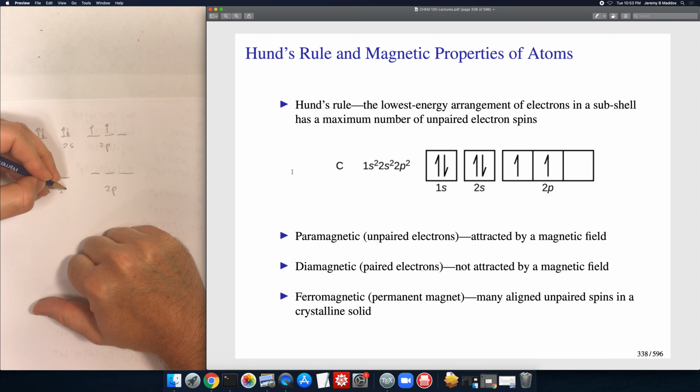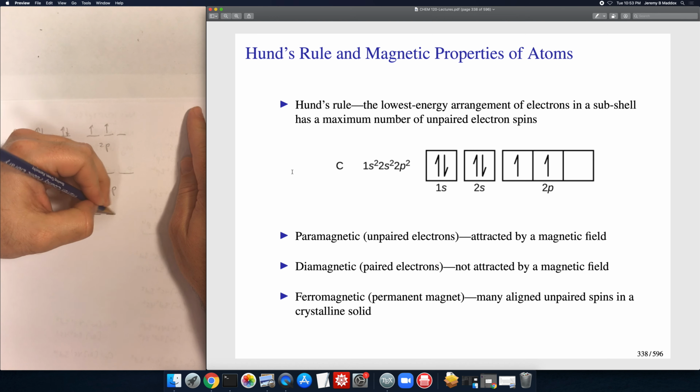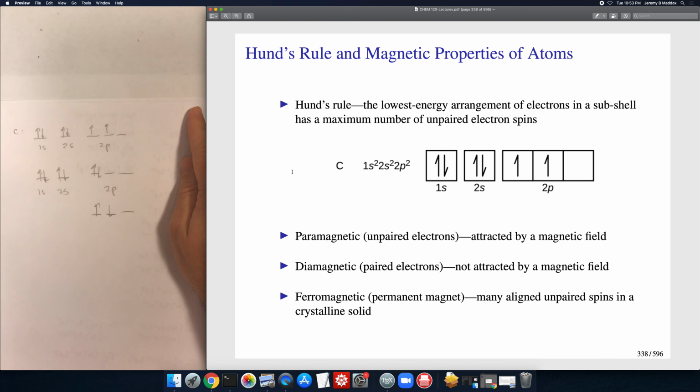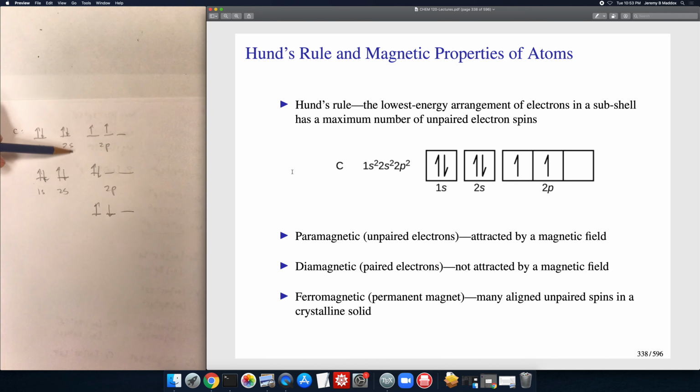For example, where these 2 are filled, and then why not put them both like that? Or put one like this and one like that. These all correspond to different electronic states, and they are viable electronic states. The question is what would be the lowest energy among these different choices?